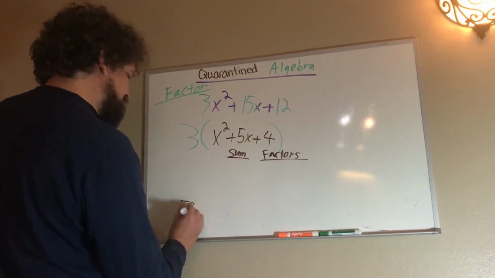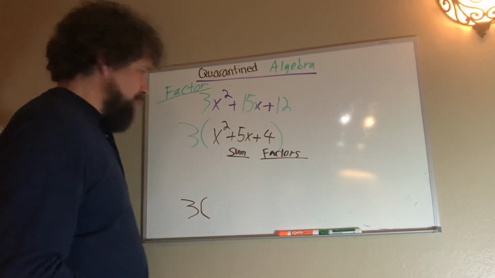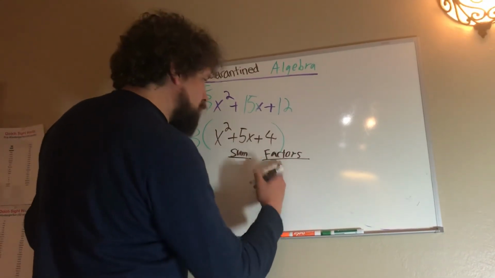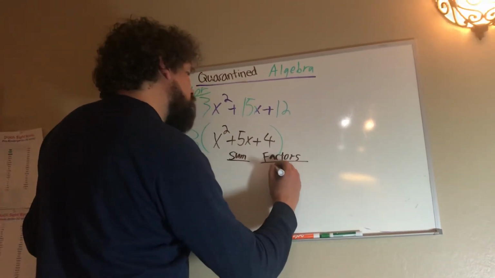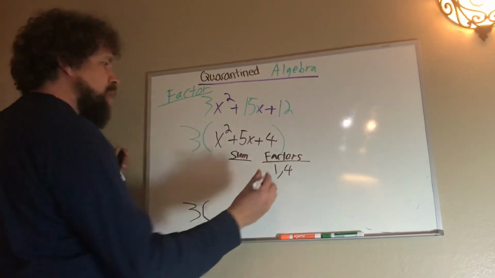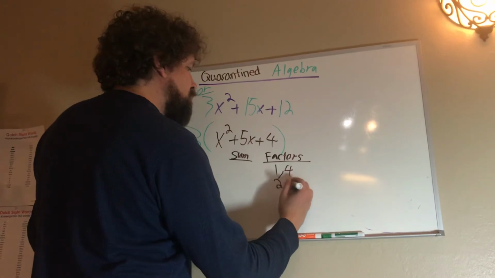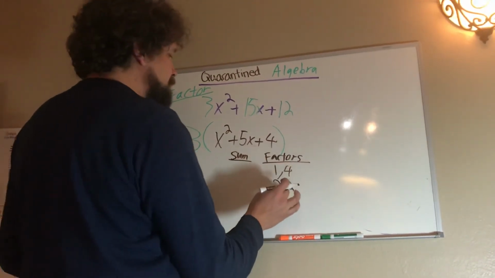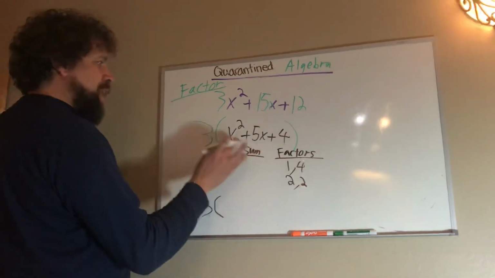Yeah, how about I go like this? I'll skip down. I know 3 is going to be a factor. The factors of 4, though, just 4 by itself. 1 and 4, and 2 and 2.